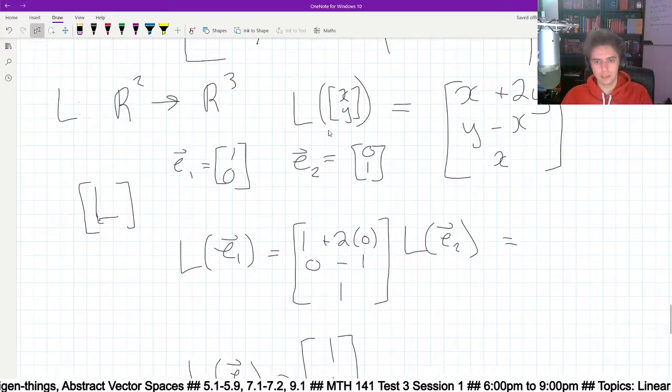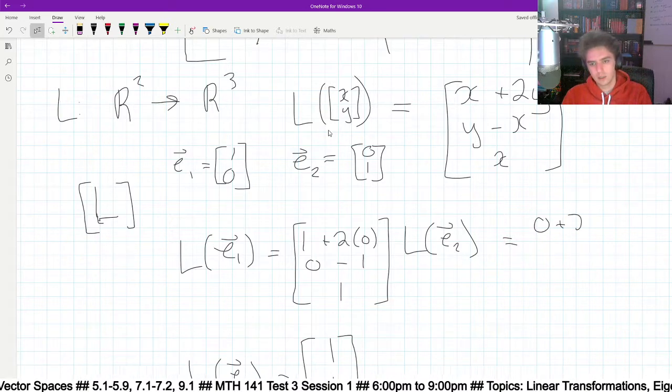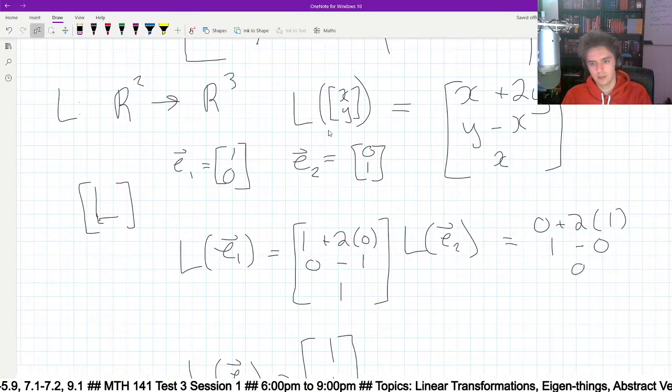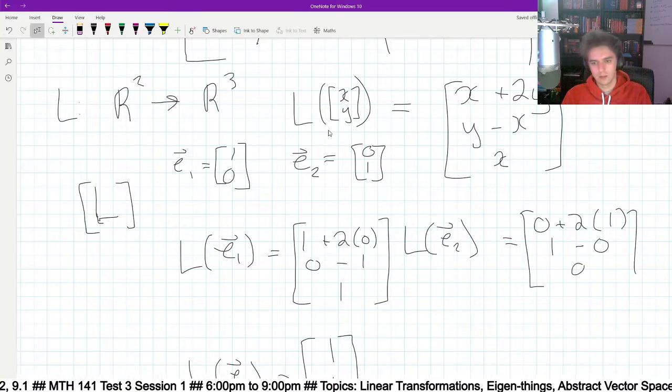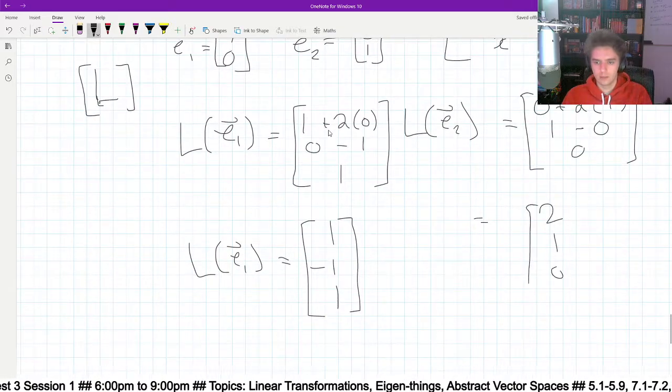And L of E2 is going to be a similar thing. E2 is (0, 1). So the first entry plus 2 times the second entry, the second entry minus the first entry, and the first entry. So that's (2, 1, 0).